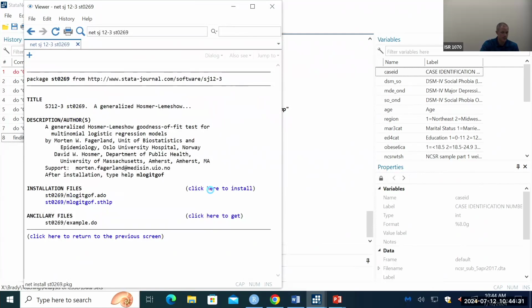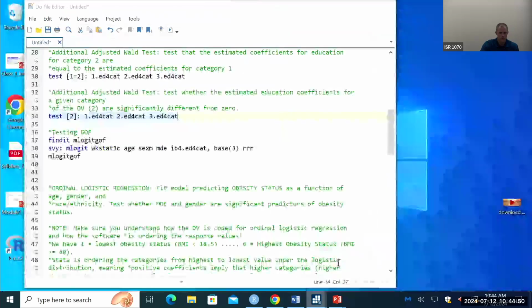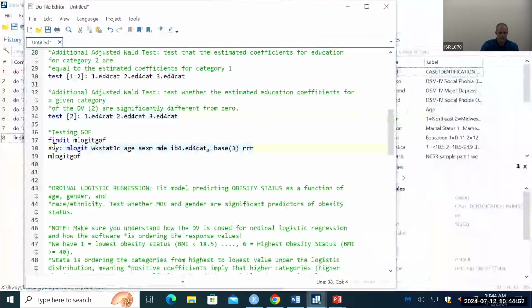So I'm going to say, click here to install. And it will install the code to make that command available as part of your analysis. We also saw this with epctile, right? That was another user written command for percentiles. So now that we have mlogit GOF available, I'm going to refit the model.